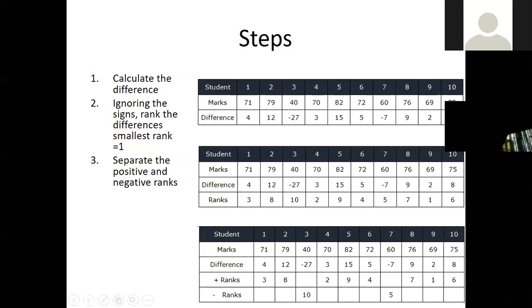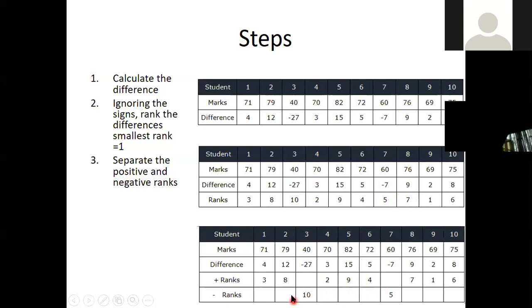So after ranking, you want to separate the ones that have positive rank from negative rank. There are 2 that have negative: number 10, that has -27, and rank 5, that has -7.